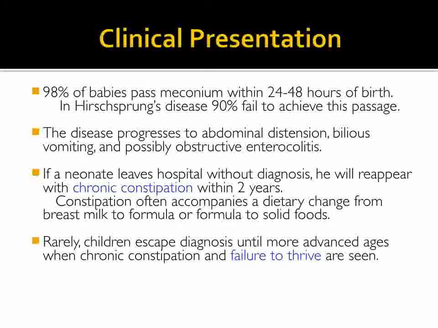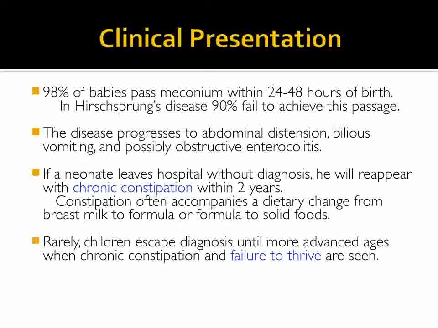If a neonate leaves the hospital without diagnosis, he will reappear with the picture of chronic constipation within the first 2 years of his life. The constipation often accompanies dietary changes, from breast milk to formula, or from formula to solid food. Rarely, children escape diagnosis until a more advanced age, when chronic constipation and failure to thrive are seen.